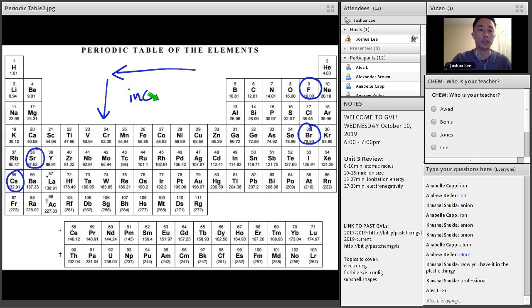So then if you want, you could also do it this way where now you're comparing each element. You could have basically a little tournament. So we already figured out between fluorine ion is going to be bigger. But now if you compare fluorine with bromine, which one's going to be bigger?